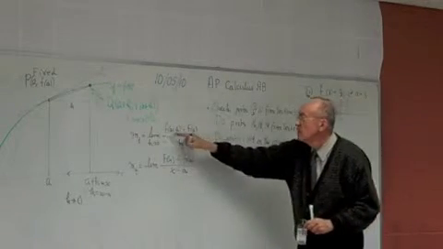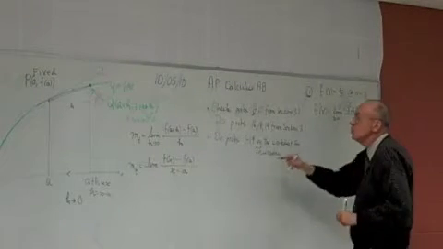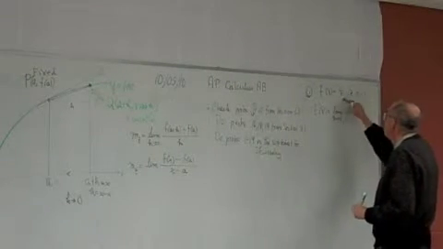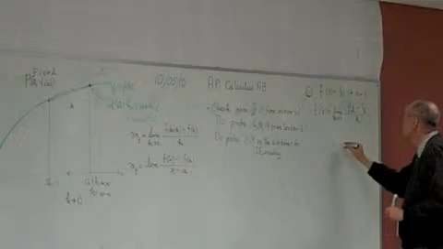F of a plus h would be 1 over 3 plus h minus f of a. F of a is 1 over 3, over h. And he worked this on down and worked it on down.